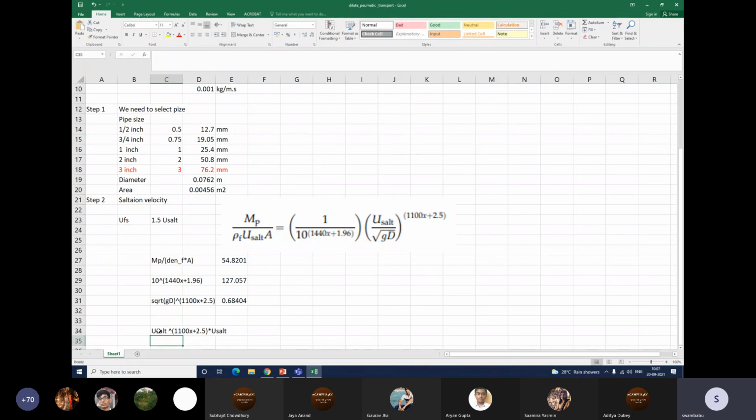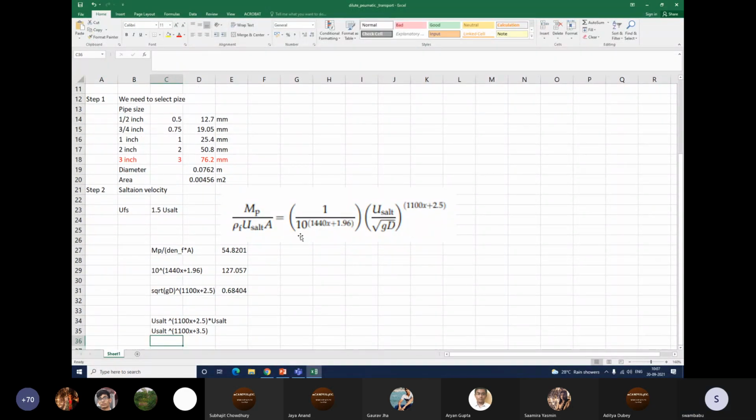That will become what? We can add powers, right? We can add powers. So that will become 3.5. So this will be equal to, we need to multiply all this.